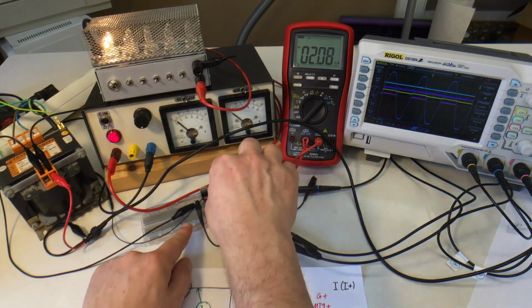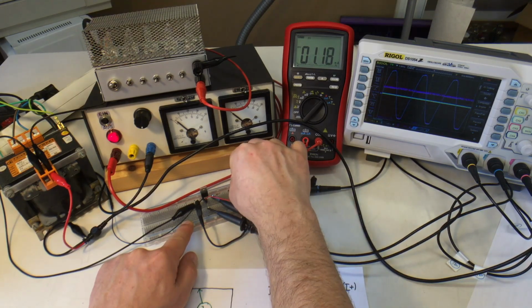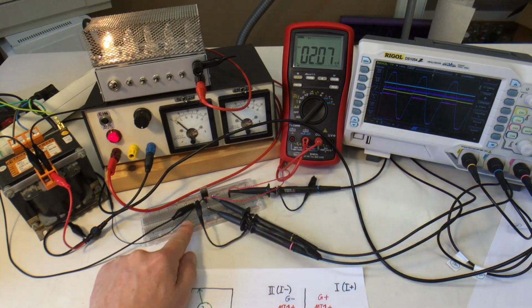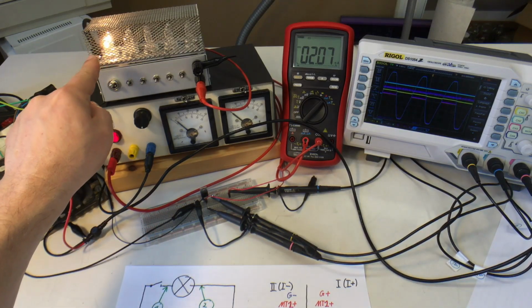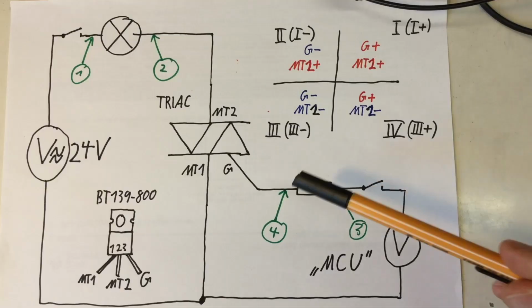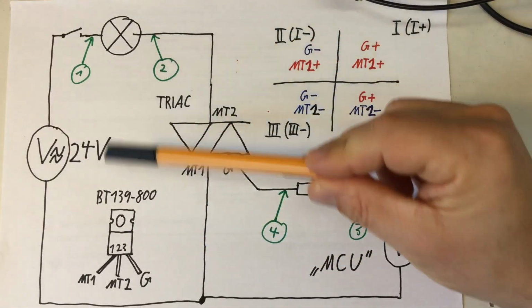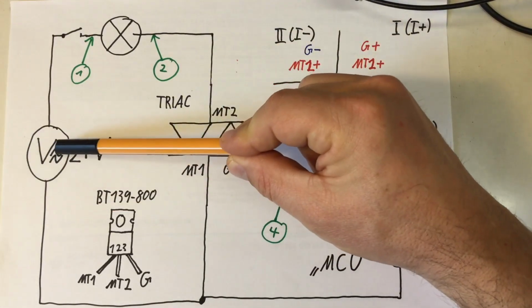And while I'm able to switch the whole thing on and off, no problem, you might see that the lamps are flickering a little bit. So what is going on here? I'm basically using the circuit from the first part, only this is not a DC power supply anymore.